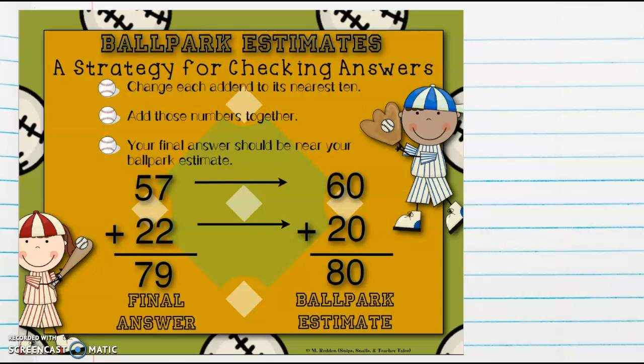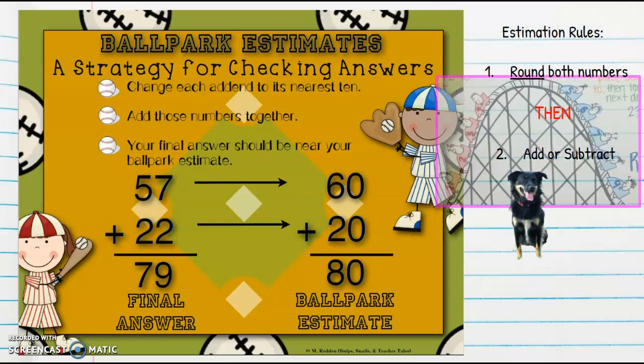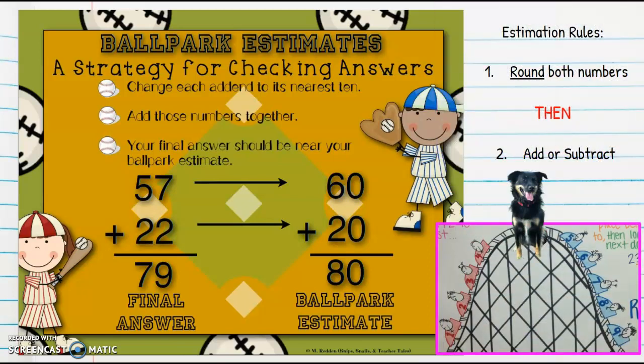Okay, so when you're estimating, there are 2 steps you need to remember. First, you are going to round both numbers that are involved. And Addie Jack is here to remind you to use your rounding roller coaster when you are rounding those numbers. So I'm going to keep this rounding roller coaster on the screen to help us.